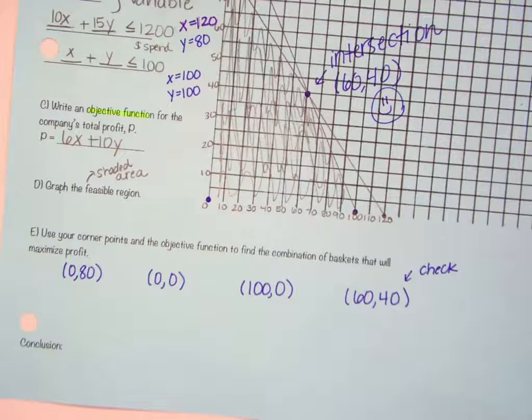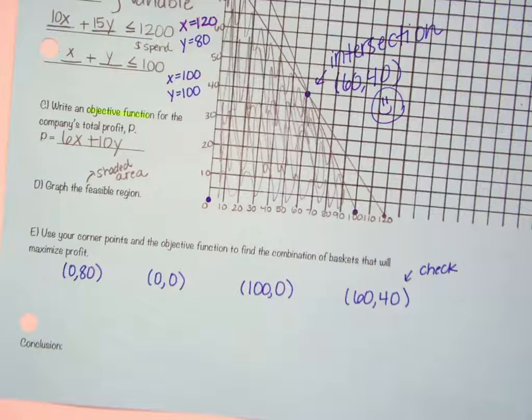You guys just took a quiz over it. A system of equations. When you solve a system of equations using substitution or elimination, you're finding the point of intersection.